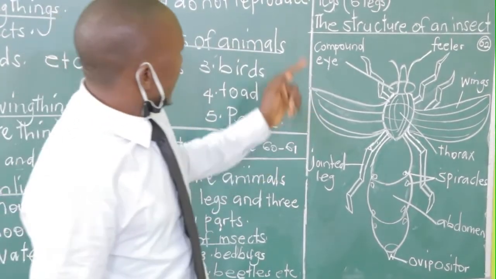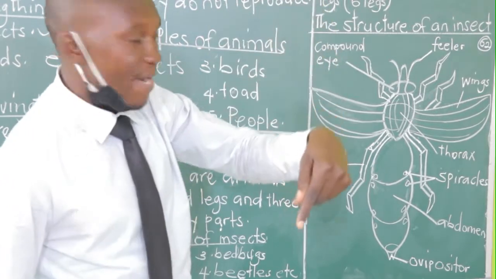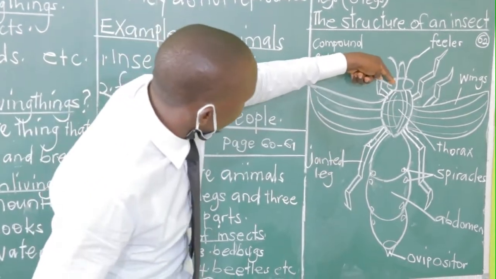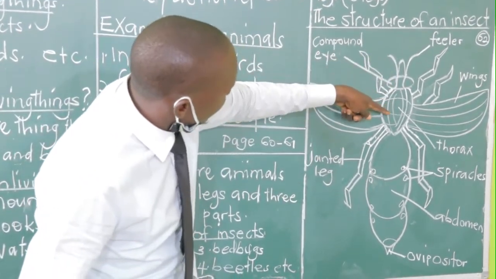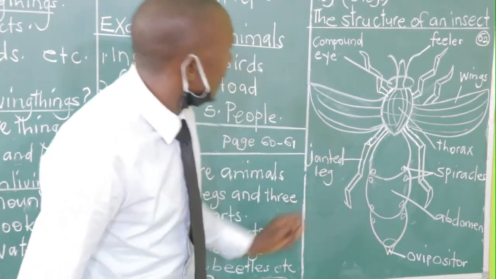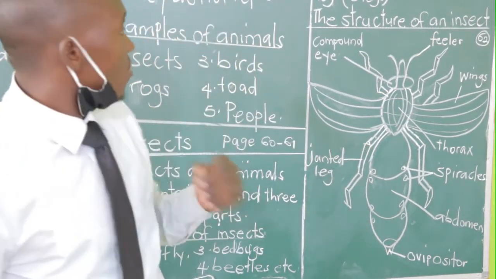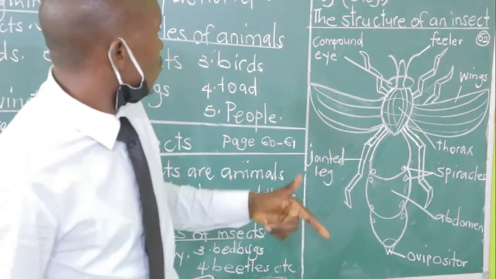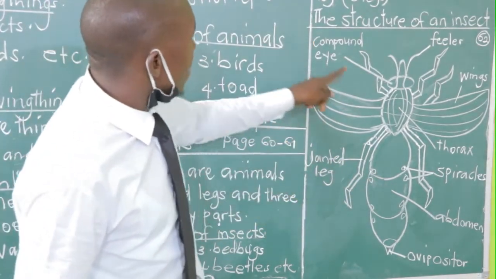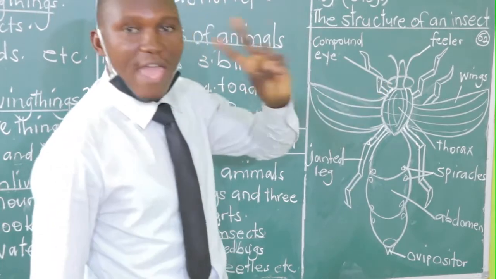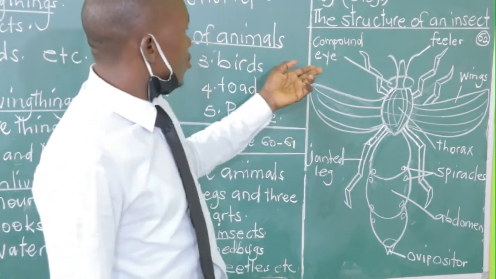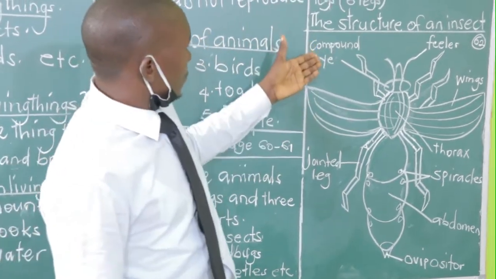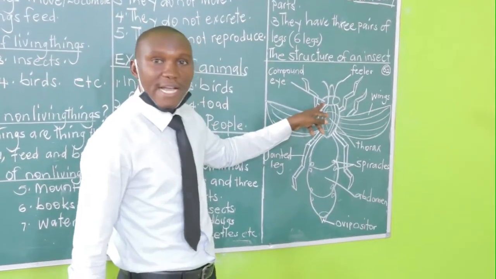We say that insects have 3 main body parts: the head, the thorax, and the abdomen. Insects also have other important parts. The first one, the compound eye. There are 2. It can be called compound eyes, or compound eye if you are pointing at one.